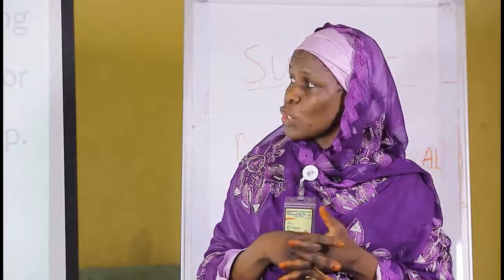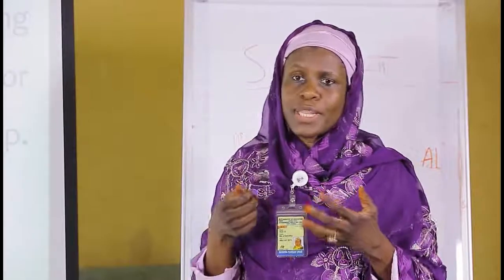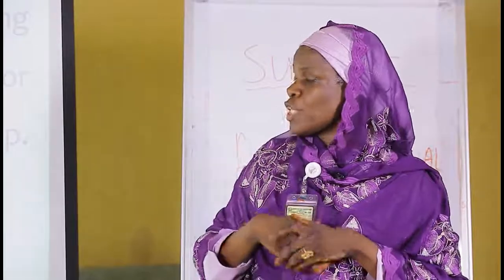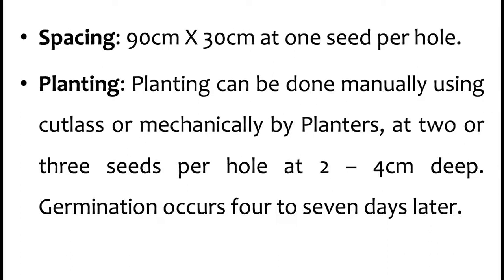As I earlier mentioned, you can use your ordinary hoe or cutlass to plant the seed. And you can also do it mechanically, that is by the use of what? A planter. At 2 or 3 seeds per hole, at 2 to 4 centimeter deep. That is, the depth of the hole should be between 2 to 4 centimeter.